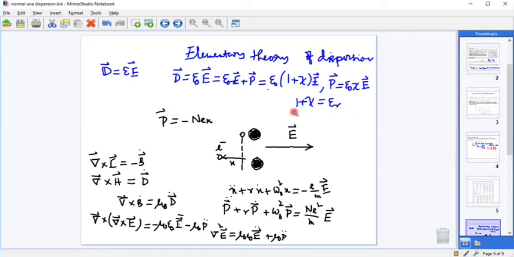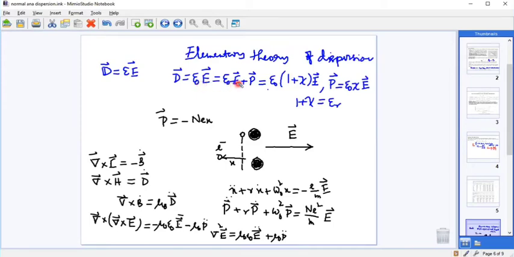We have seen that the displacement is equal to the dielectric constant times the electric field, and this equation can be written as D equals epsilon naught E, where epsilon naught is the dielectric constant of free space.